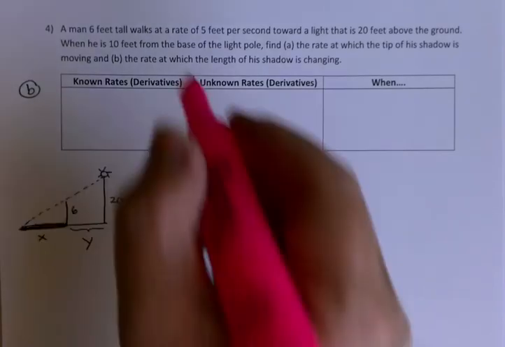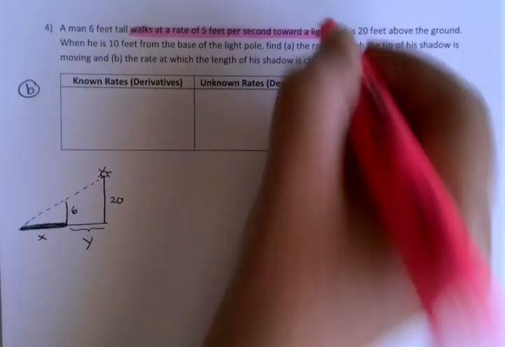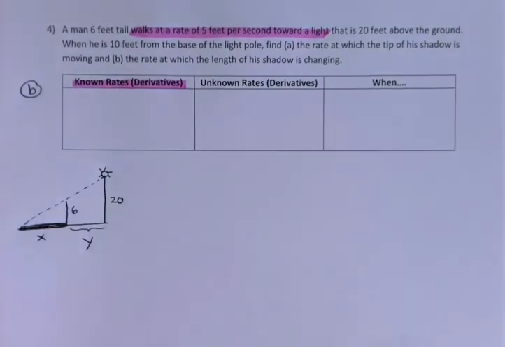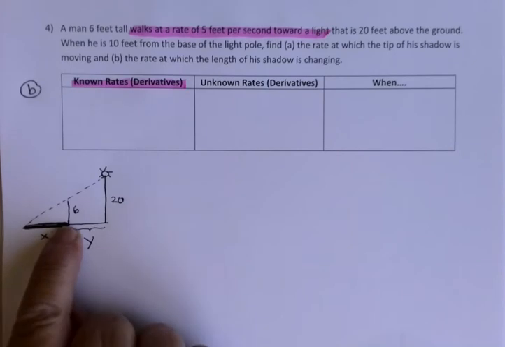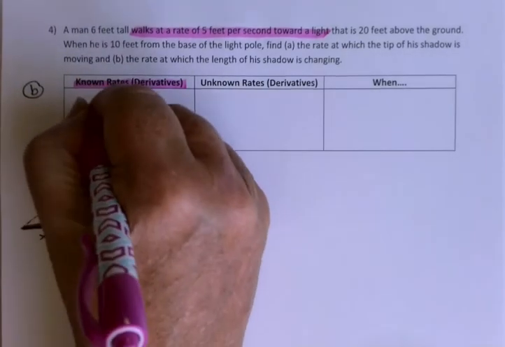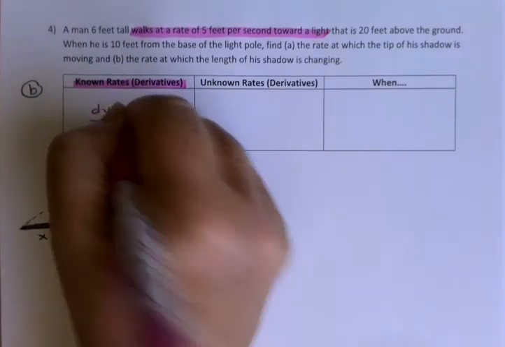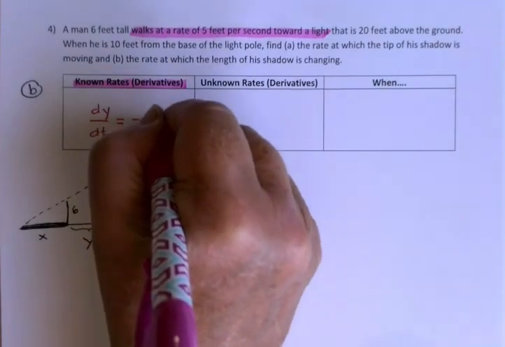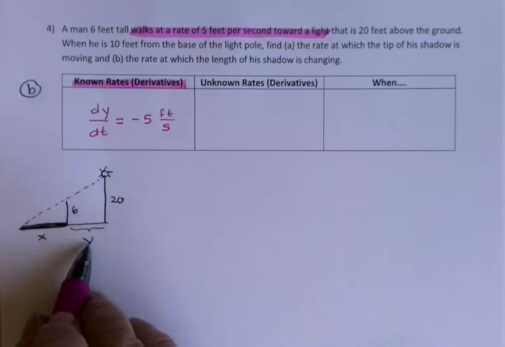We know that the man walks at the rate of 5 feet per second toward the light. So my known derivative would be the change in y. He's walking toward the light, so the derivative of y with respect to time is, and I'm going to go with negative 5 feet per second, since as he walks toward the light, y gets shorter.